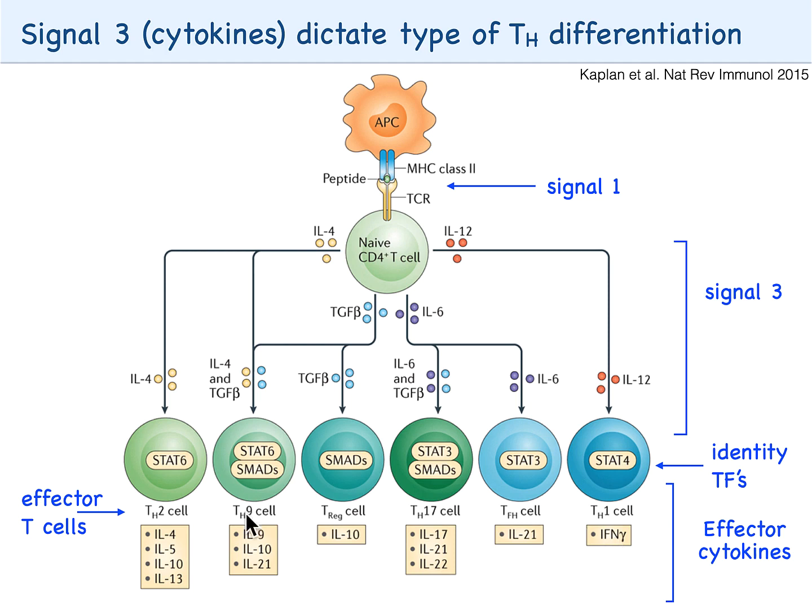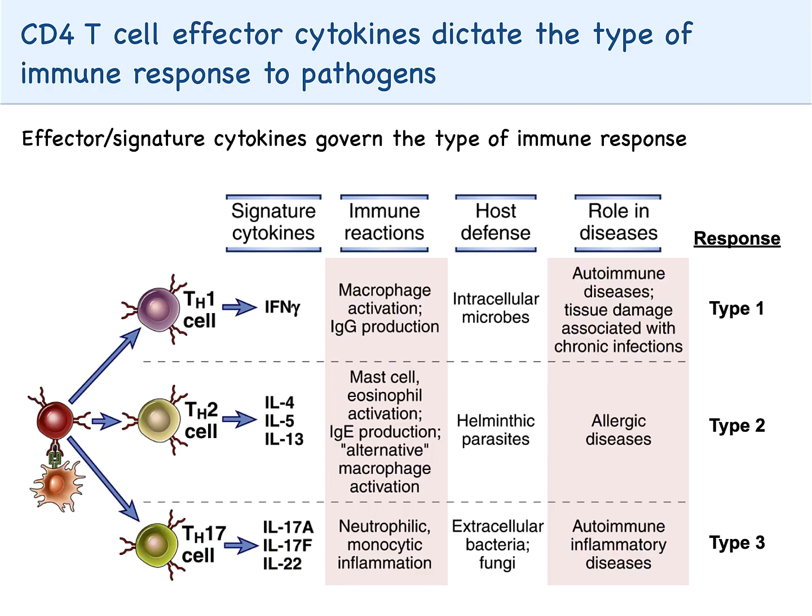On the other hand, a Th2 will be differentiated by IL-4, and will express upregulated levels of the STAT6 transcription factor, which is fundamental to produce the effector cytokines characterizing a Th2 response. Okay, so the effector cytokines in turn dictate the type of immune response to the pathogens that will be built.